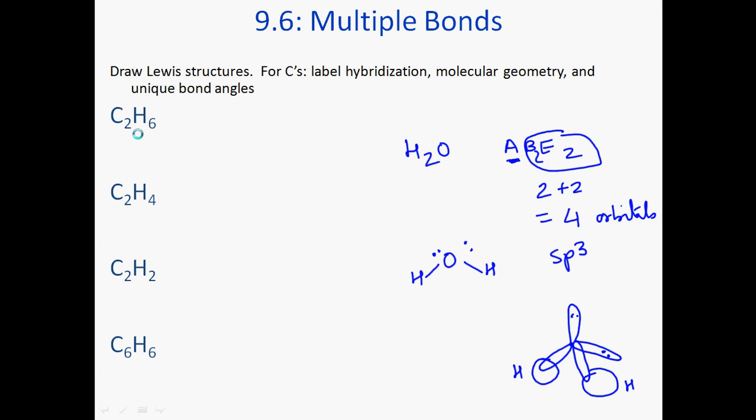Now if you had to draw C2H6's structure, it's important to understand all of these hydrocarbon structures because they are a little different. In C2H6 there really is no central atom, right? There are two carbons and hydrogens are attached to it. What we think of it is C2H6 being made of two equal halves of CH3.